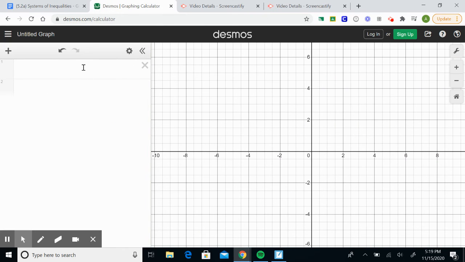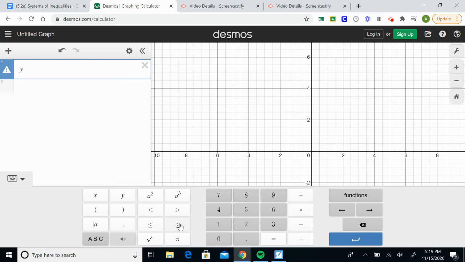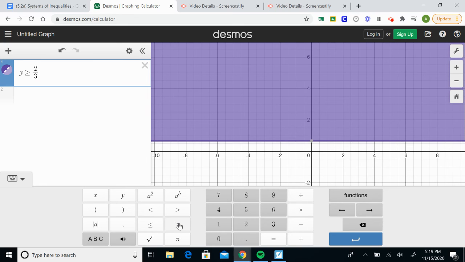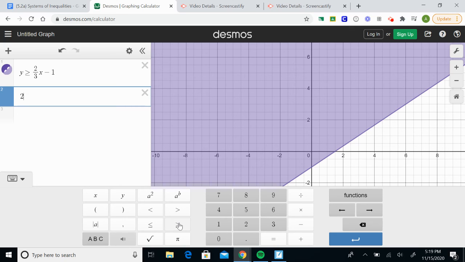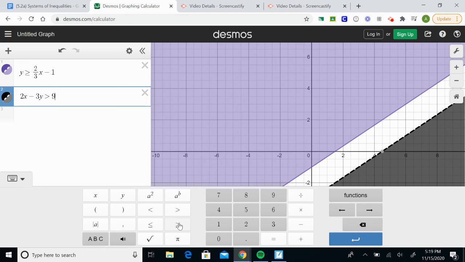Okay, last two equations, I have y is greater than or equal to 2/3 x minus 1, and 2x minus 3y is greater than 9.